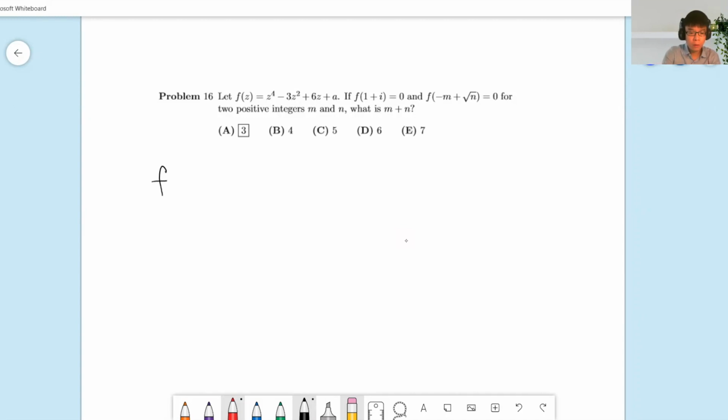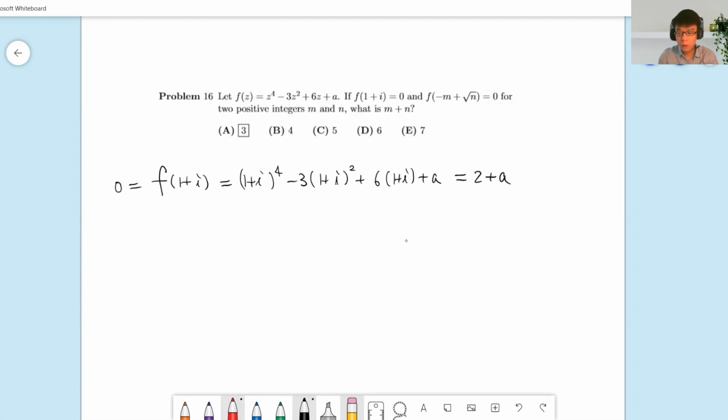So f of 1 plus i equals 0. We can plug in 1 plus i, fourth power, minus 3 times (1 plus i) squared, plus 6 times (1 plus i), plus 8. And we can simplify this into 2 plus a. From here, we can solve a equals minus 2.